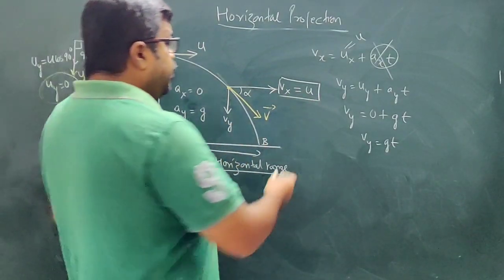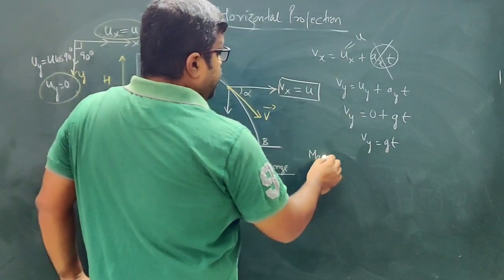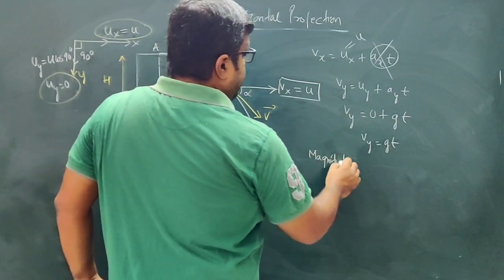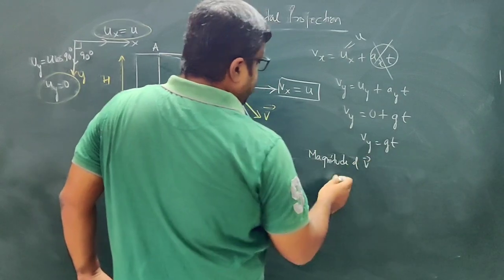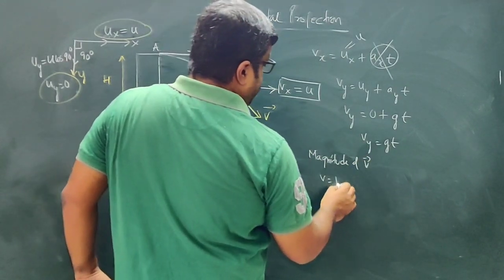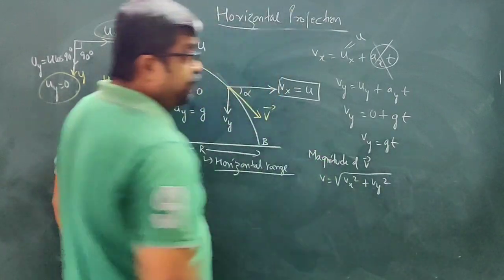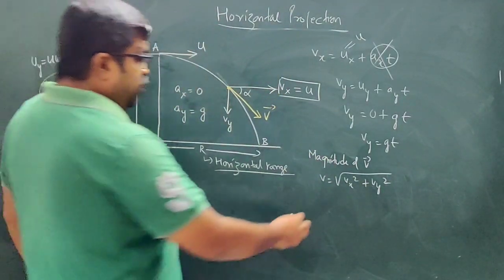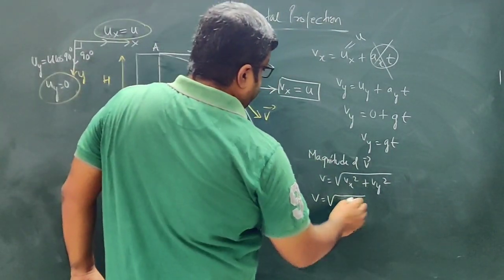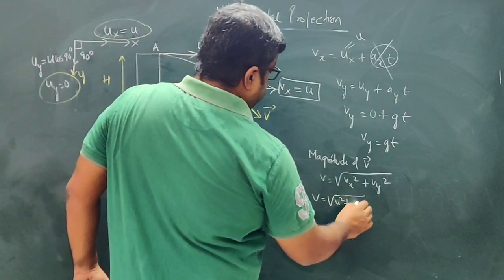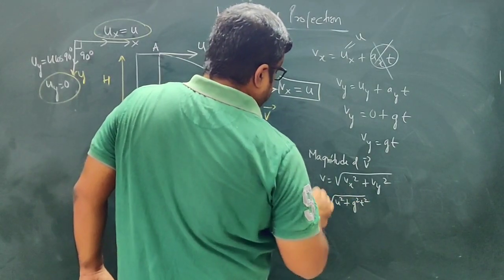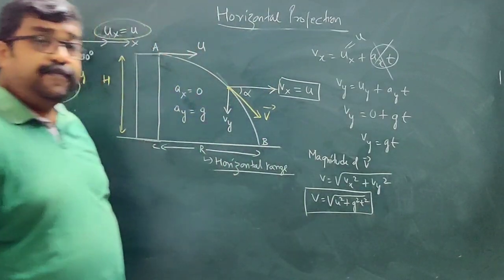So what is the value of the magnitude of V? Magnitude of velocity V is equal to square root of Vx square plus Vy square. Correct? So V is equal to square root of u square plus g square t square. So this is the magnitude of velocity.